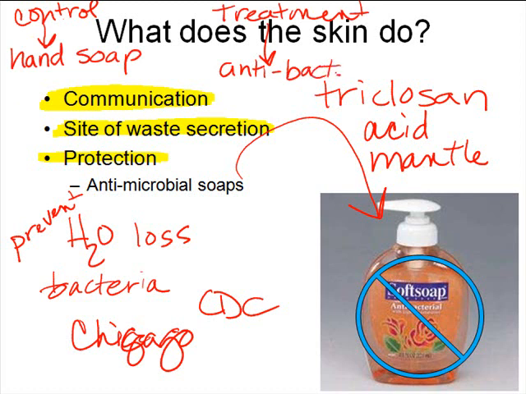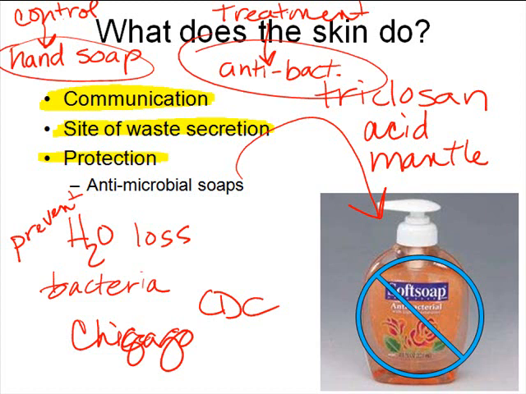At the end of 1 year, they had all of the families come back in, and they took swabs off of every family member's hands and cultured them to see what the bacterial content was for those hands. And what they found after the conclusion of 1 year is it didn't matter whether you used hand soap or antibacterial soap. There was no significant difference in terms of number of bacteria present on the surface of the skin.